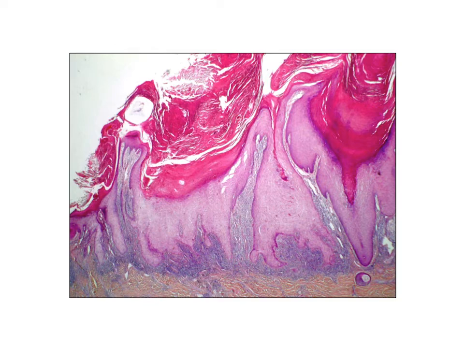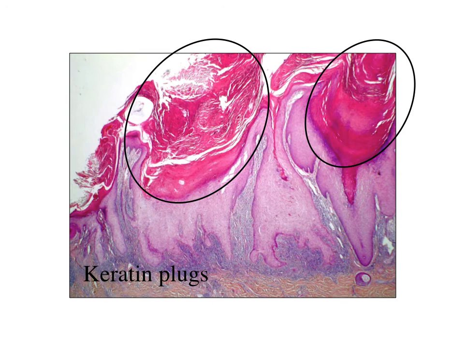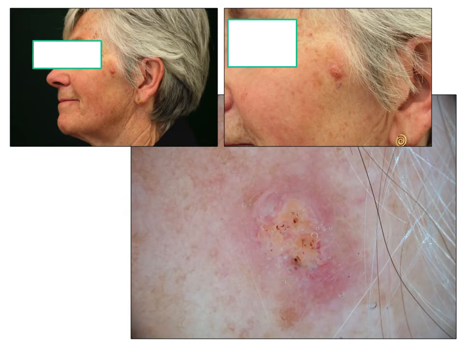Then the squames become much thicker, and you have keratin plugs, and these keratin plugs have this typical orange color of keratin, and this is observed, for example, in this lesion with this orange plug.